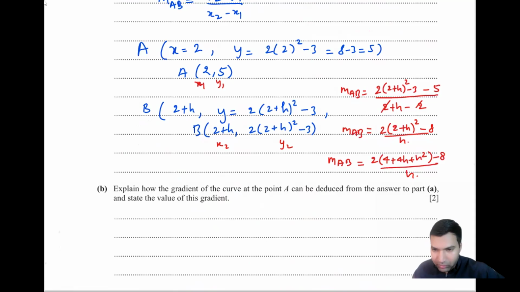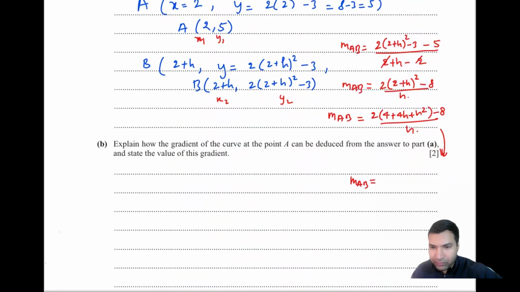So now let me extend this over here a little bit. Now I get m of AB is equal to, simplify this, 2 times 4 is 8 plus 8h plus 2h squared. Take this 2 inside and multiply with all the terms, minus 8 over h. So positive 8 and negative 8 cancel out. We get the gradient of the chord as 8h plus 2h squared over h.